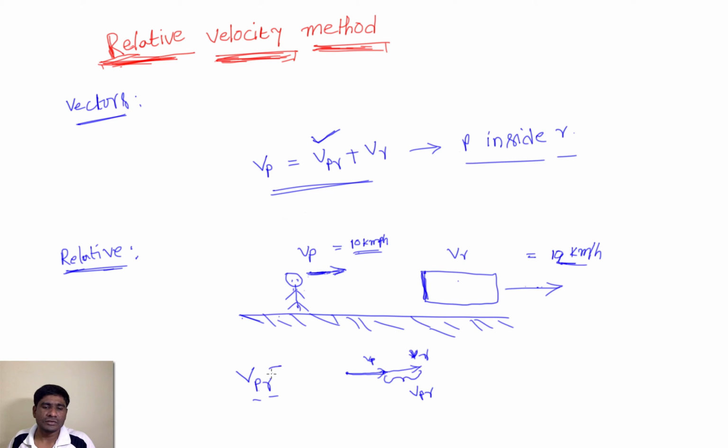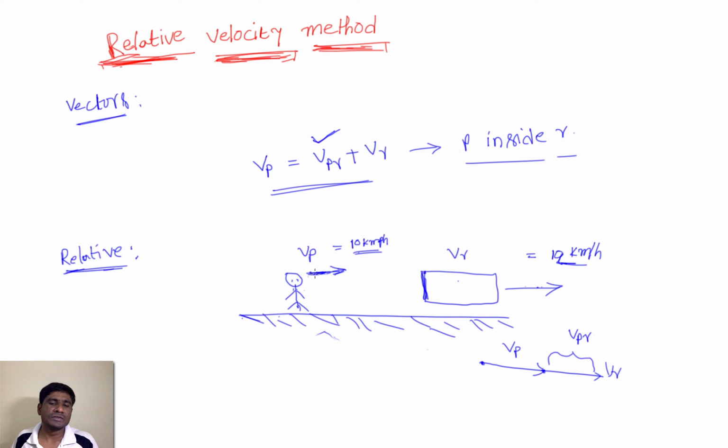So that is nothing but velocity of the person minus velocity of the rail. Why? Because in this case both velocities are in the same direction. So that's why we write like this.